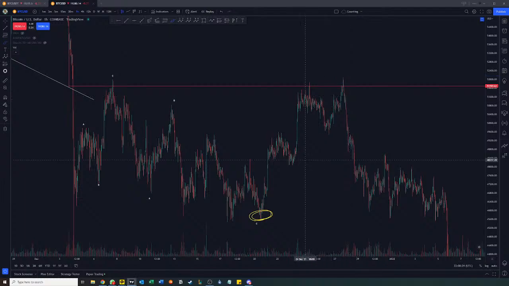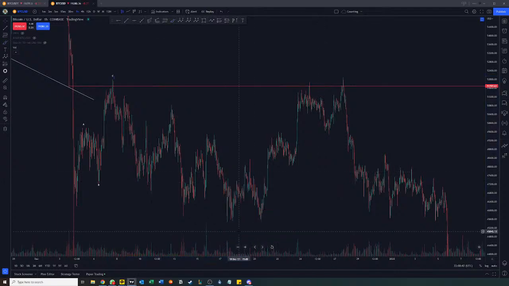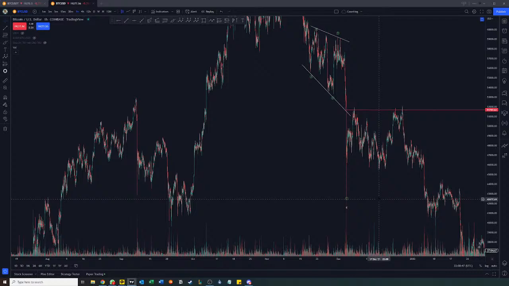So here it was a 1, 2, 1, 2, 3, 4, 5, 4, 5, and impulse, easy impulse. Here as well, 1, 2, 1, 2, 3, 4, 5, 4, 5. So it's a 1, 2, 3, 4, 5. Details I will go into in the current wave.